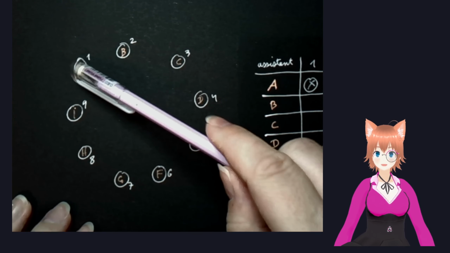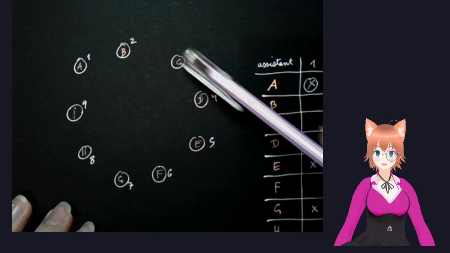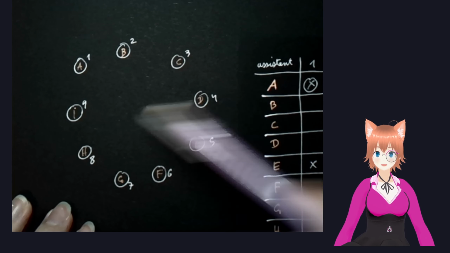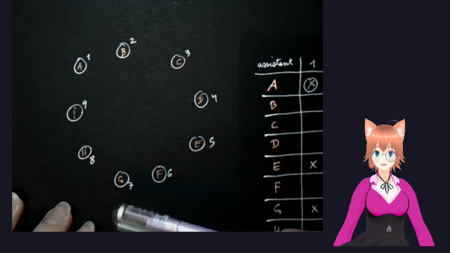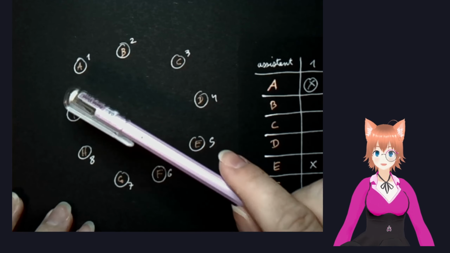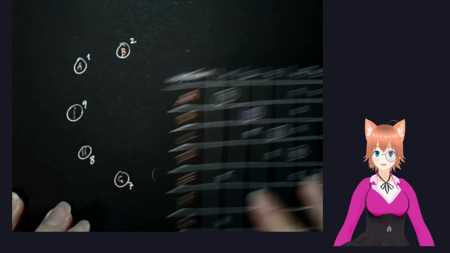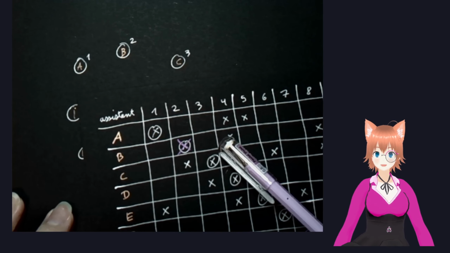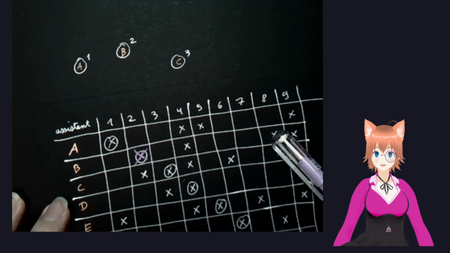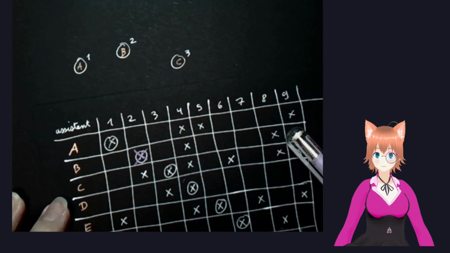where each circle represents a tutorial group, and then the letter inside is the teaching assistant that takes it. And I could draw arrows here, for example. You see, B can go to group 4, group 8 or group 9.